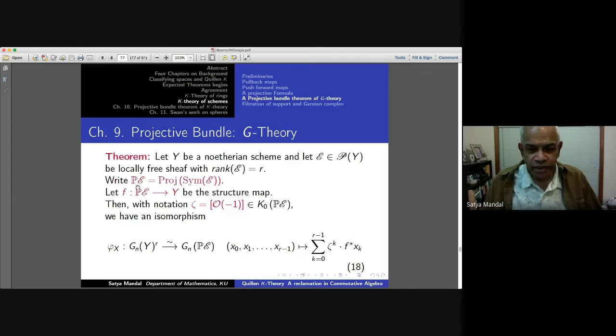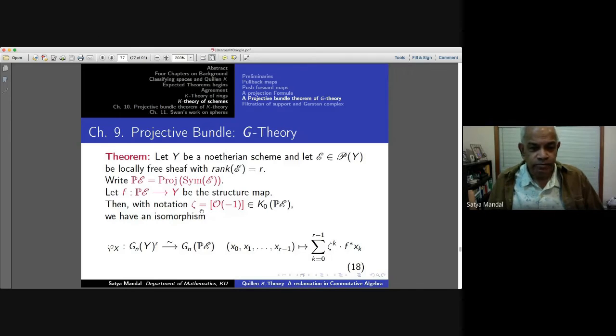By the way, all this background on scheme theory I learned from Hartshorne chapters 2 and 3. This works even for a projective module: if Y is affine, and I give you a projective module, you look at the symmetric algebra of the projective module and take the Proj. And there is a map f from P(E) to Y.